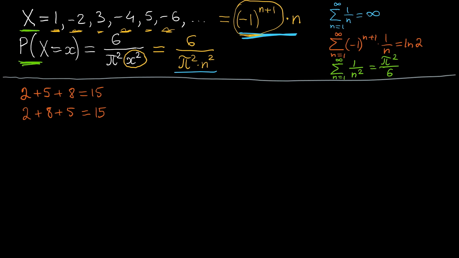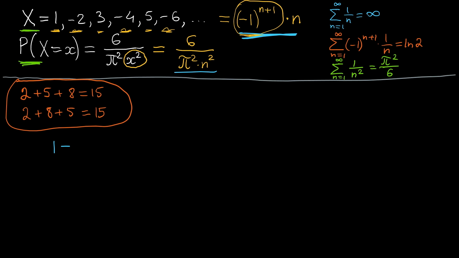Remarkably, this is not the case with infinite series that are conditionally convergent. This situation, where rearrangements do not change the sum, holds only for series that are absolutely convergent. Let's see that in more detail. Let's revisit our good friend, the alternating series.